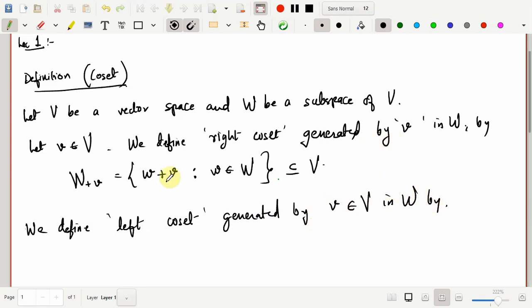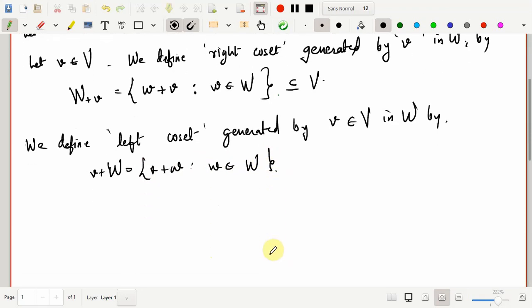This is the right coset generated by v in W, for a subspace W. The only difference is that this element will be on the left hand side. So it's going to be like v plus w, where w is varying over W.